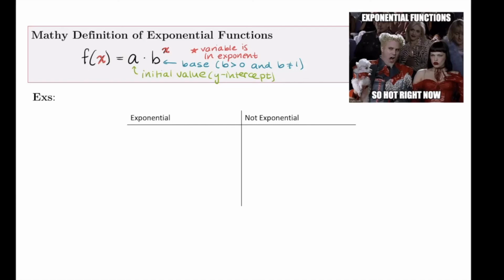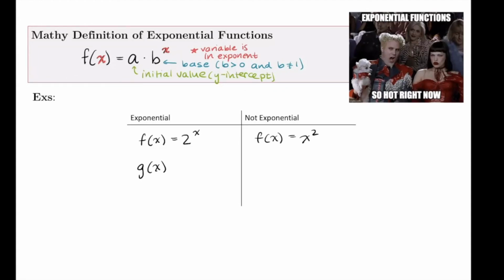But for now, here are some examples of exponential functions and not exponential functions. Okay, so of course, just a simple number to a power, like 2 to the x, is exponential, whereas x to the second is not exponential, right? We need that x in the exponent and not in the base.